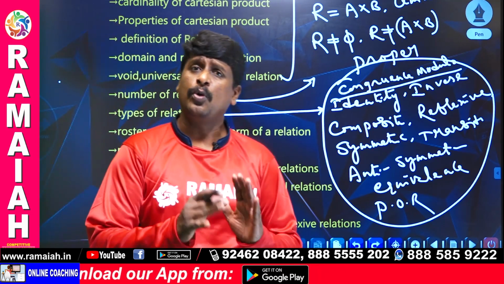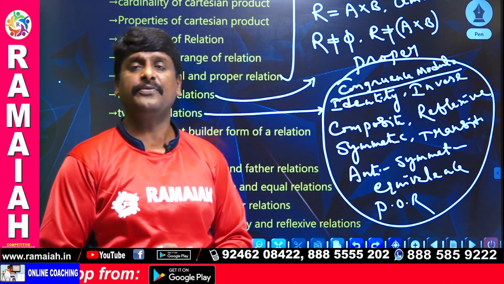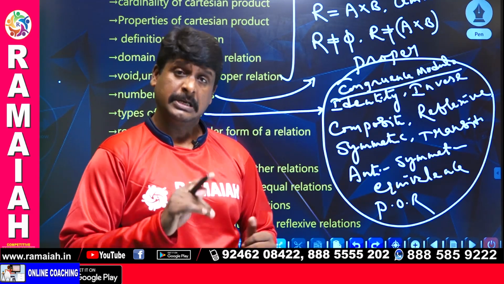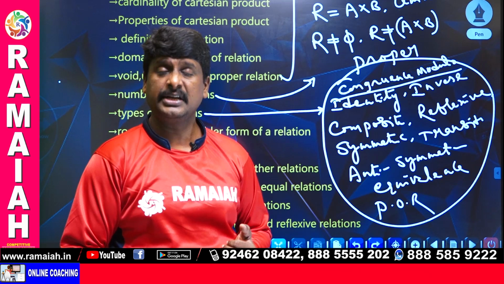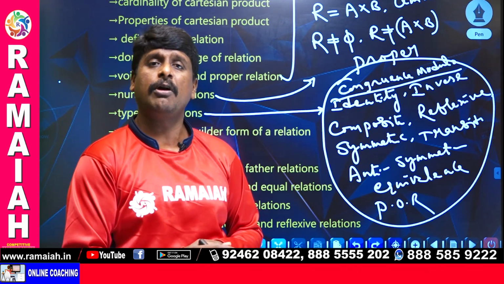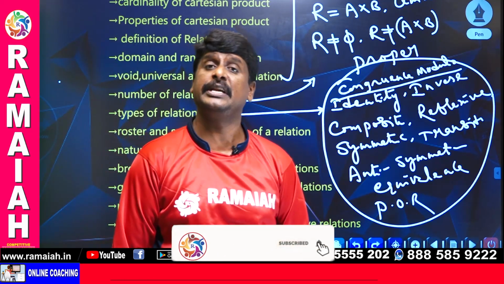Why? Because most of the problems will be covered from the types of relations only. They will give one question, check whether it is reflexive, symmetric, transitive, equivalence, antisymmetric, partial order or not. Most of the questions are based on types of relations only.